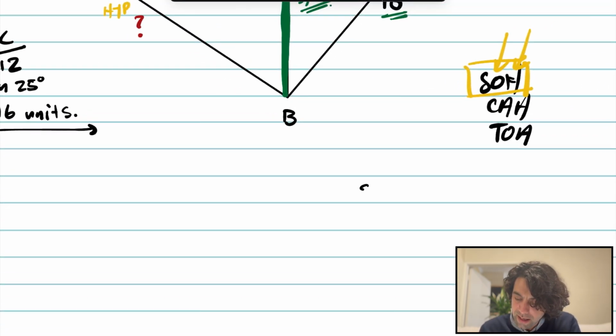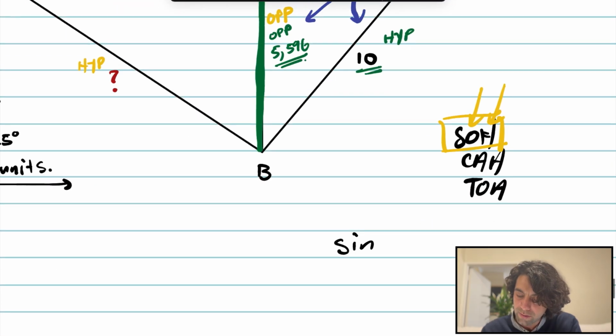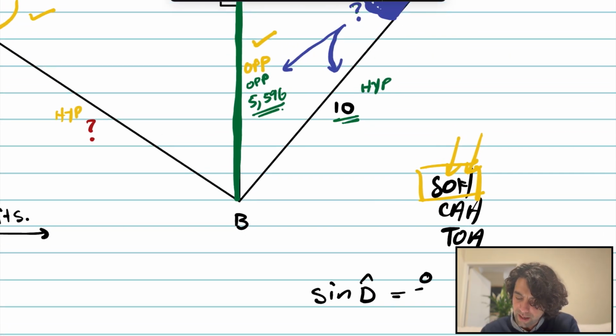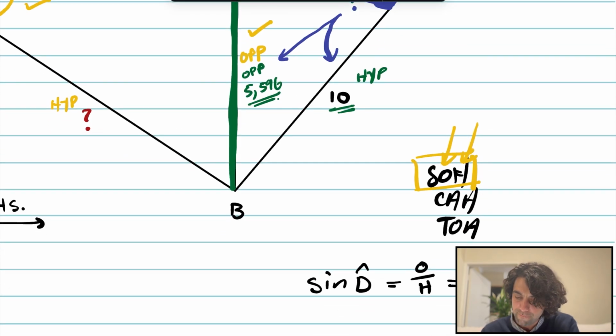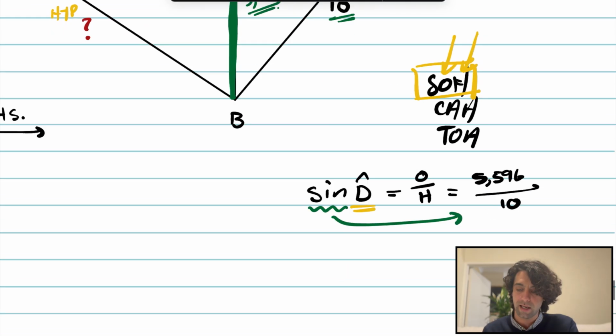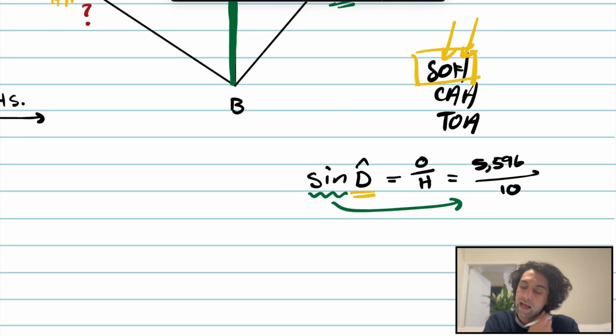So I'm going to write sine of angle D is equal to opposite over hypotenuse. My opposite was 5.596 divided by 10. Now I need to get this angle D by itself. How do I do that? I'm going to take the inverse of sine, taking that sine over to the opposite side.